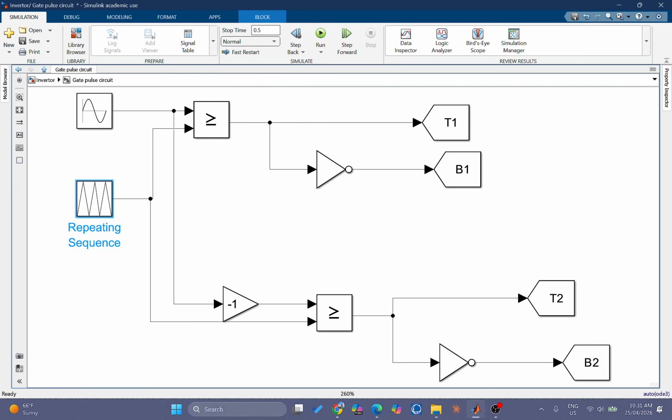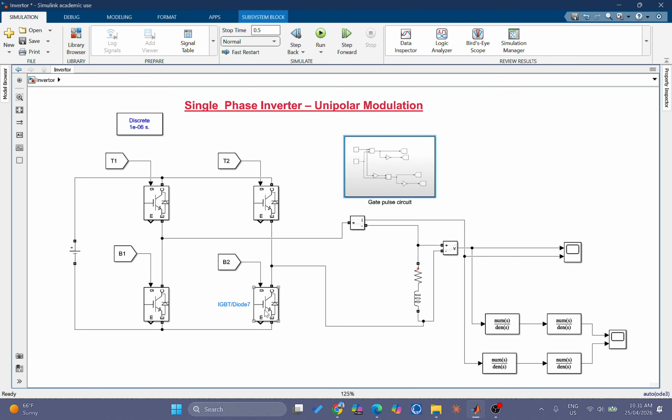The bottom switches B1 and B2 are produced using NOT gates, so that each bottom switch is complementary to the corresponding top switch, and this will prevent the top and bottom devices in the same leg from being on at the same time. We do not want to turn them on at the same time.